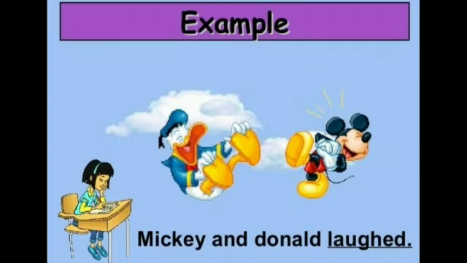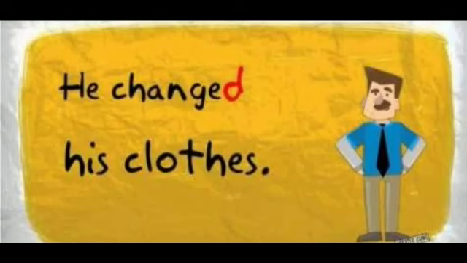Now we'll see the example. Mickey and Donald laughed. Here, laughed is used as a past tense. Now we'll see this sentence: he changed his clothes. Now, what have we added? We have added D to the verb change.